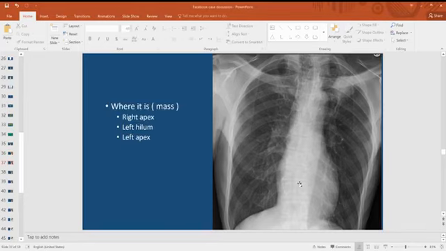The second question: where is the mass lesion? It is in the right apex, the left hilum, or the left apex.